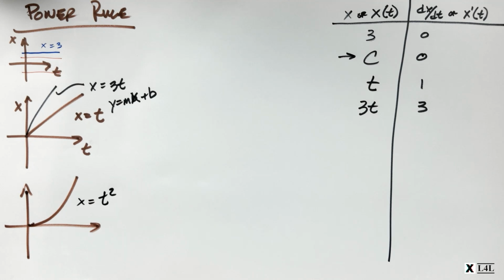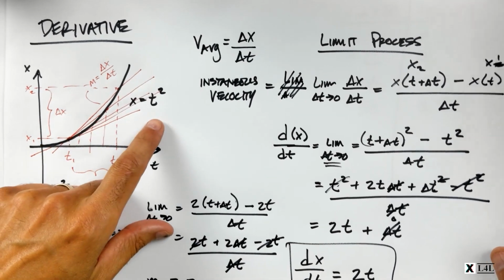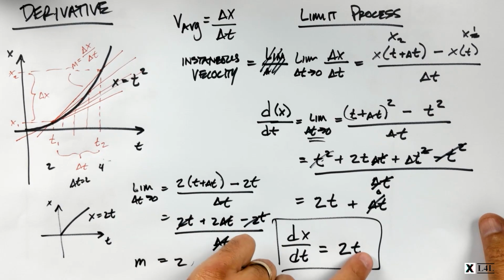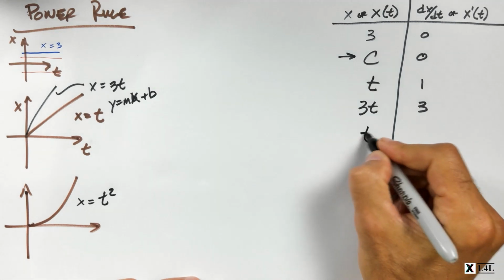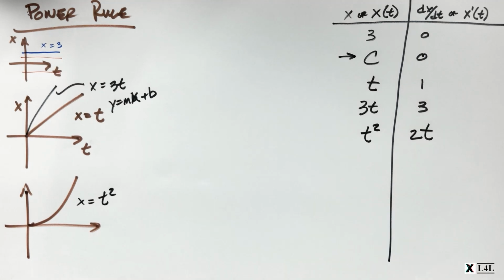Well, we actually went through this using the limit rule for x equals t squared, and we found that the derivative, or the slope, as it relates to time would be 2t. So if we have t squared, we actually get 2t.